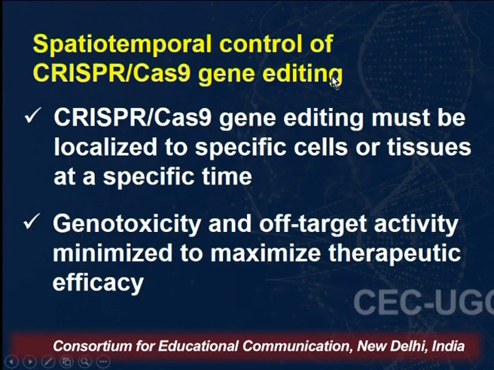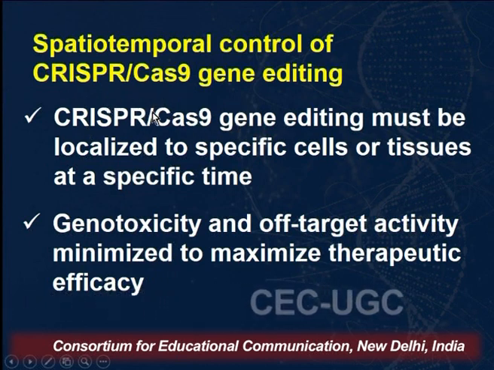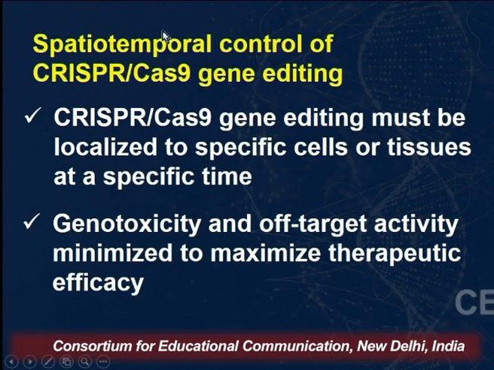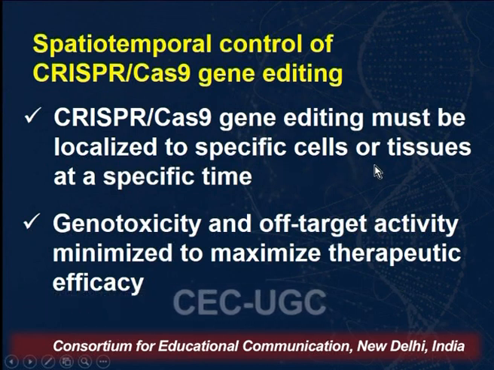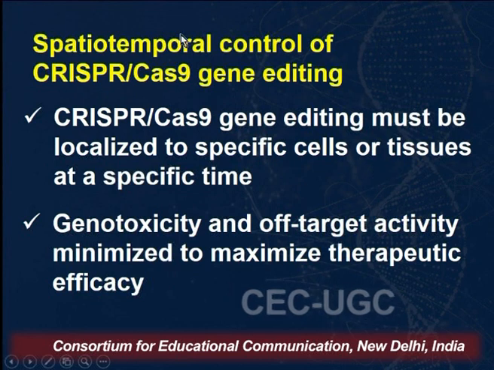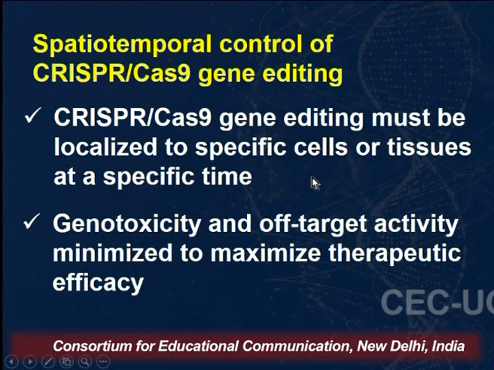What does this spatio-temporal control mean? The CRISPR-Cas9 gene editing tool, or the system that we have developed, needs to be localized to specific cells. So spatially, if there are many cells, it needs to be targeted to particular cells or tissues only, and at a particular time. So there has to be a certain kind of regulation. I hope you understand what I am trying to say.